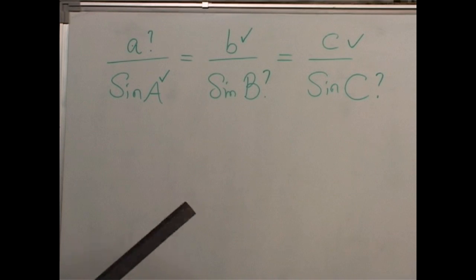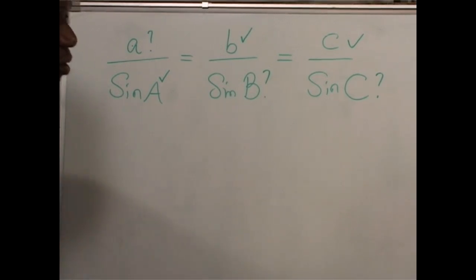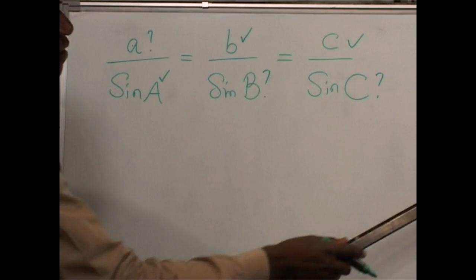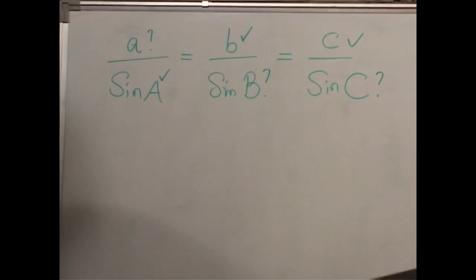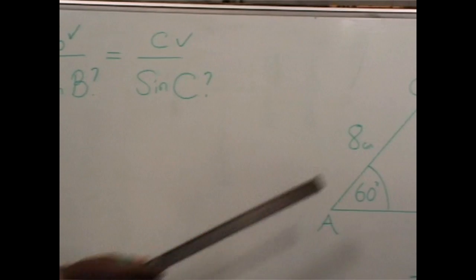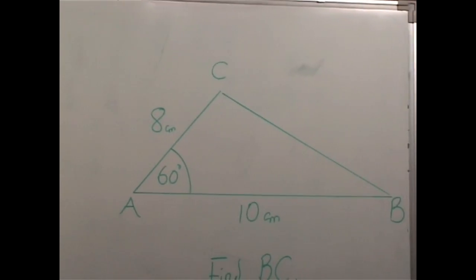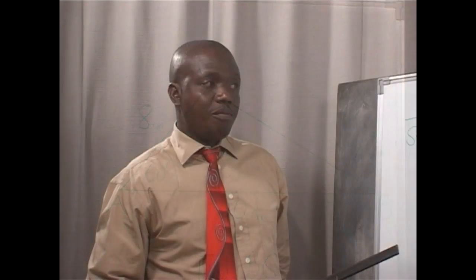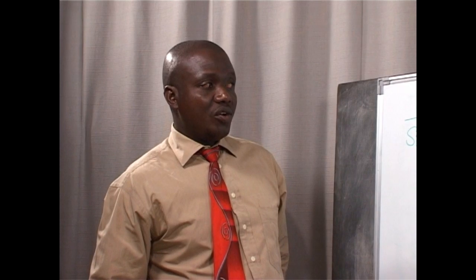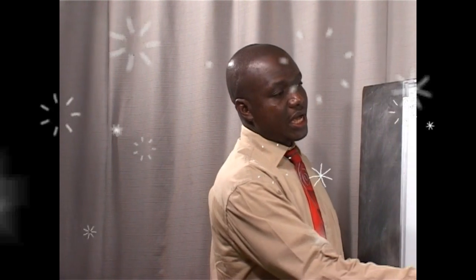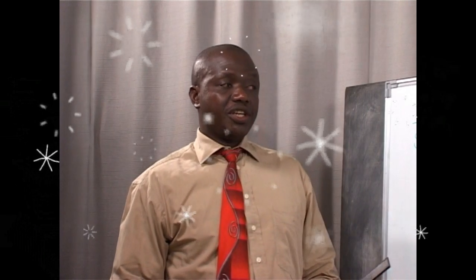And if you have observed, we are only given one angle, meaning we don't have a way of finding any of these two, because that is only possible if two of the angles are given. Then we can use the angle sum of a triangle being equal to 180 degrees as a way of finding the third angle.